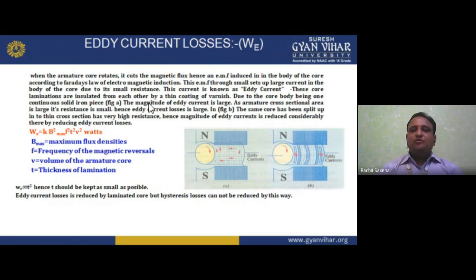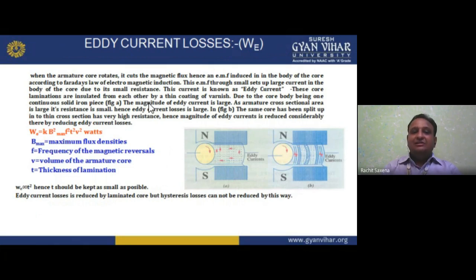Now this EMF sets up a large current in the body of the core due to its small resistance. Since the resistance is small, more current will flow. This current is known as eddy current.